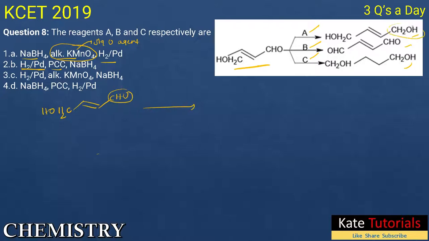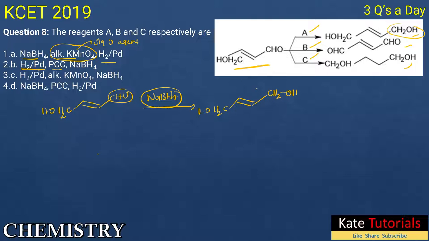They have converted just the aldehyde to alcohol, and other things remain as they are. CH2OH and the double bond have remained the same, the alcohol remained the same, only the aldehyde is converted to primary alcohol. So what is the reducing agent we have to add? To reduce this we have to add NaBH4, because we know that NaBH4 can reduce aldehydes and ketones to the respective alcohols.